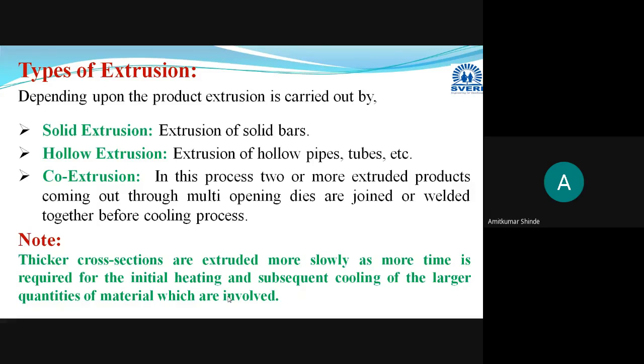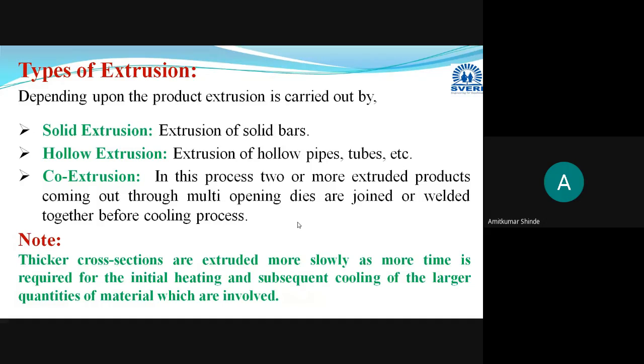Then what is the meaning of the co-extrusion process? In this process, two or more extruded products come out through multi-opening dies. We provide multiple openings to the die, and the extruded products are joined together before the cooling process.